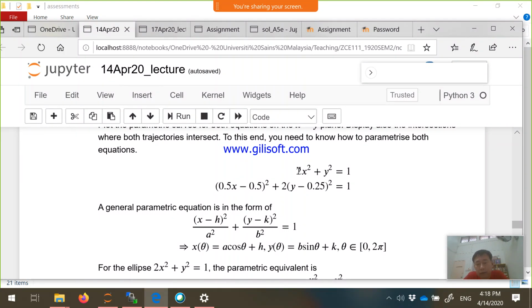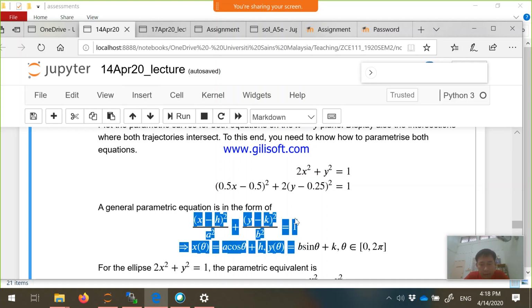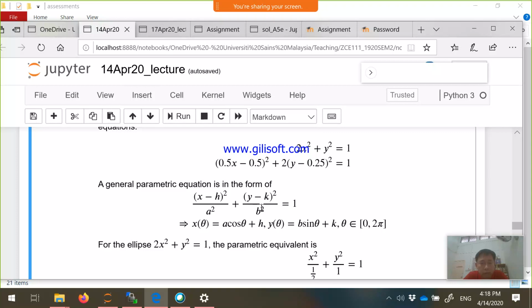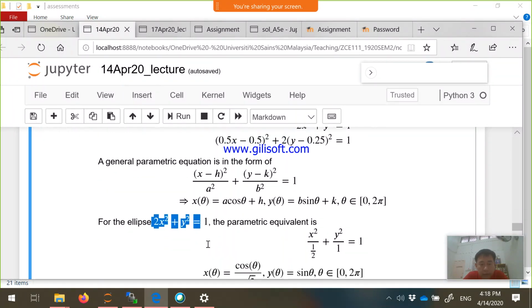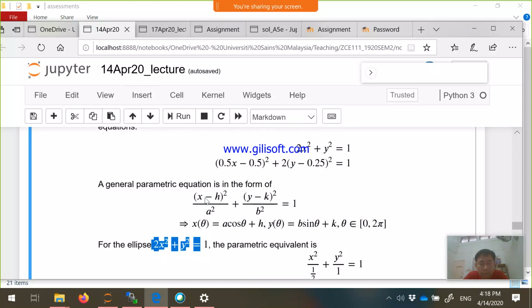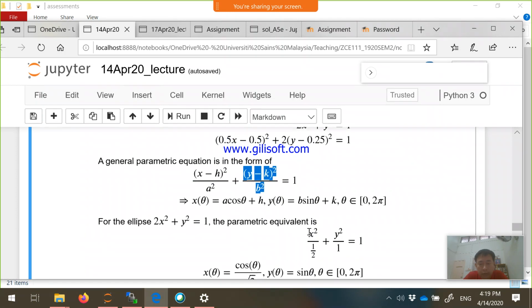So you have to figure out the coordinate of the center for this ellipse, and what the semi-major and semi-minor are. It's going to be very simple. You just have to cast these equations into this form. So let's look at this ellipse. Just cast this equation into this form, then you'll be able to tell. So just do some simple rearrangement. When you cast this ellipse equation into the form of (x minus h) squared over a squared plus (y minus k) squared over b squared, you get this form.